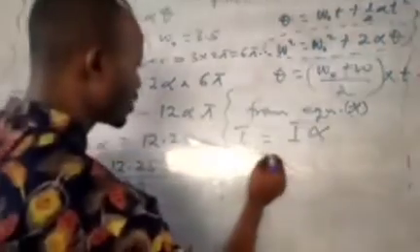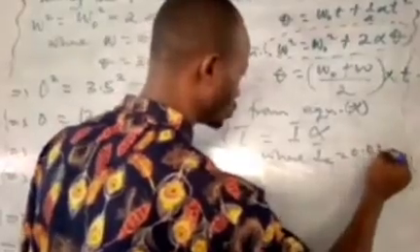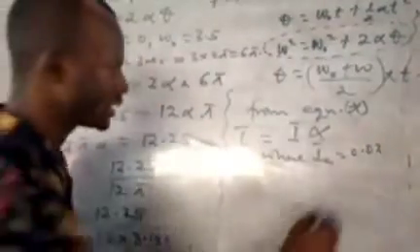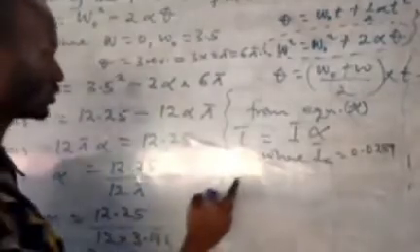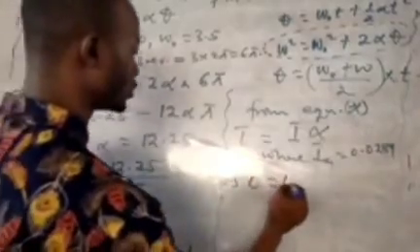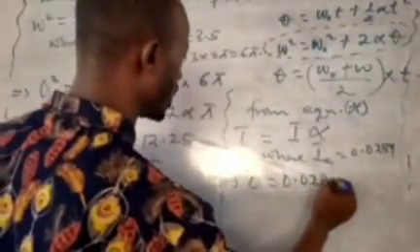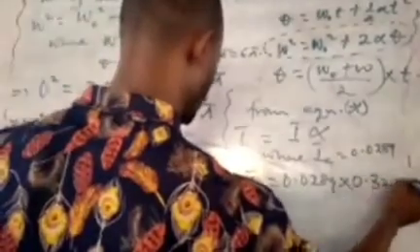We found the inertia through the center of gravity as 0.0289, and then here we have our α. So introducing these into this parameter, the torque will be equal to 0.0289 times 0.325.